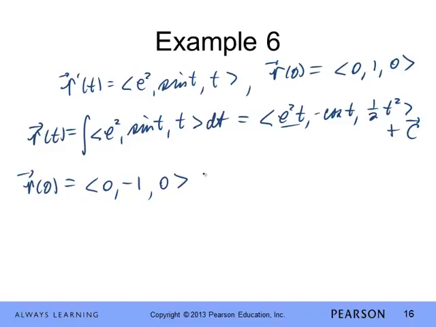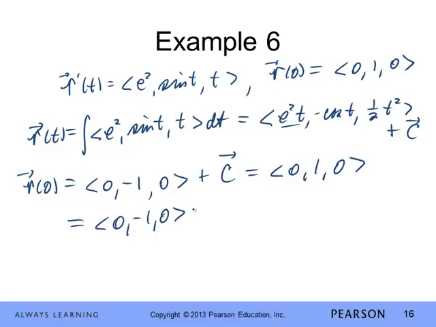Now, we still had a constant vector, and that's supposed to be equal to 0, 1, 0. Now, that c vector, plus C1, C2, C3, is set equal to 0, 1, 0.